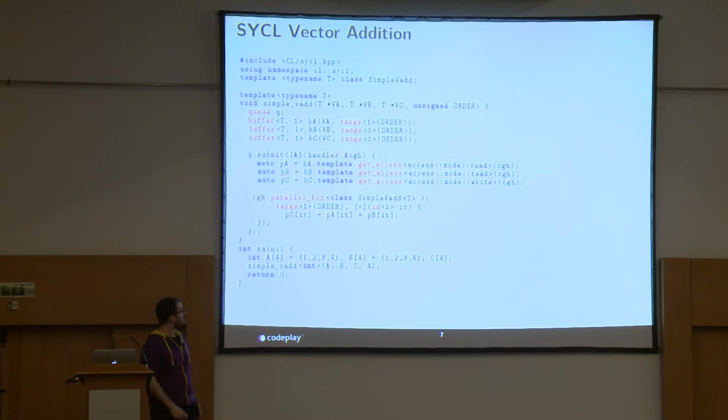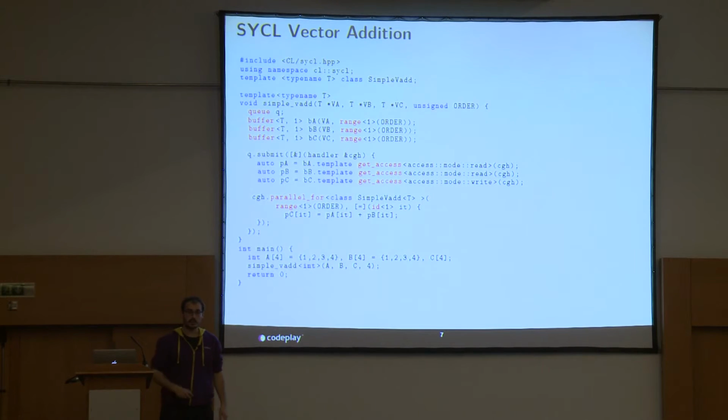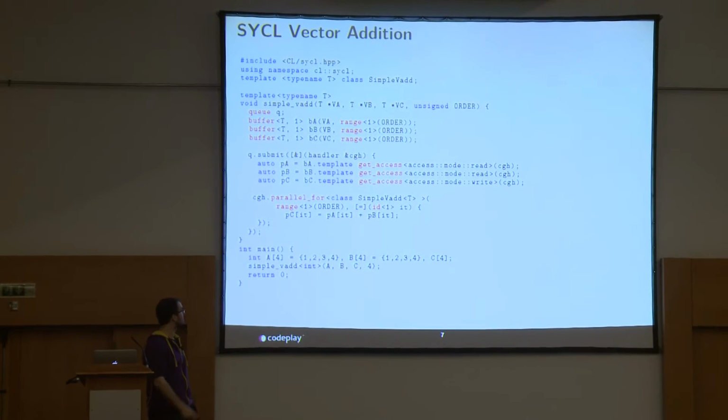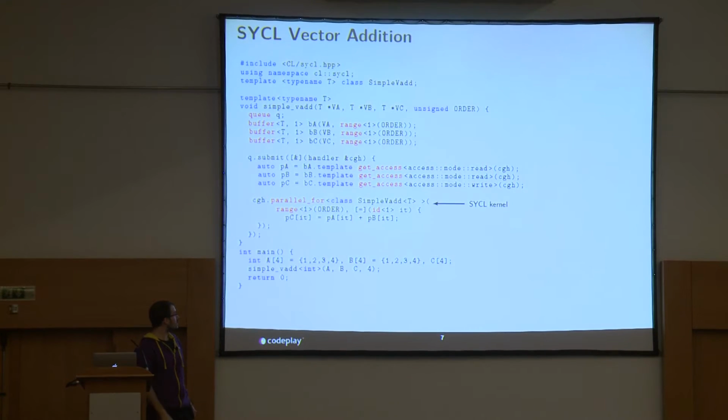OK, so this is what the SYCL code looks like. This is a full OpenCL code. Here you get a bunch of code that will manage your device and your data. I'll just point out that we have this function call that creates objects that we call accessors, which allow us to access the data and move it from the device to the host and from the host to the device. But what we are interested in here is our SYCL kernel.